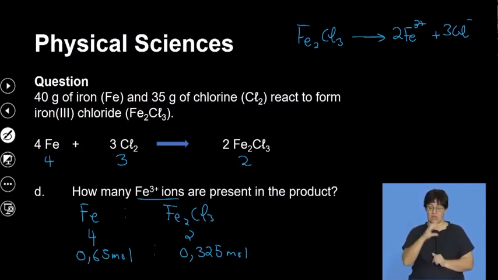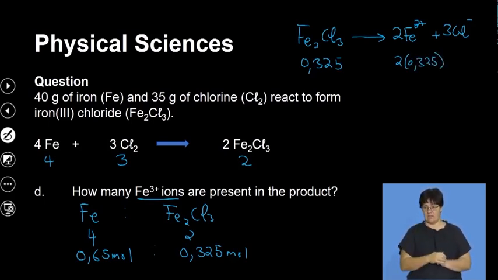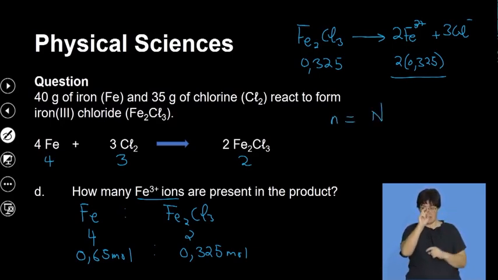So if we have 0.325 moles, it will form 2 times that, which is 2 times 0.325. This is the actual number of moles of Fe3+ ions. But we know that the number of moles is equal to the number of particles divided by the Avogadro number.